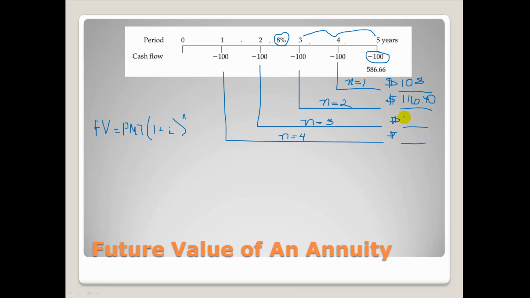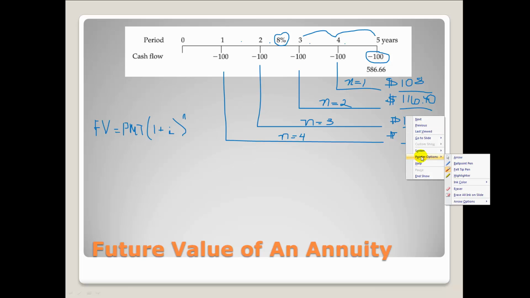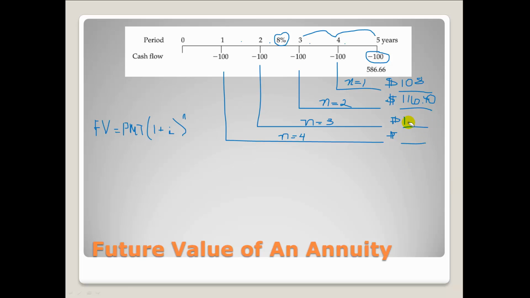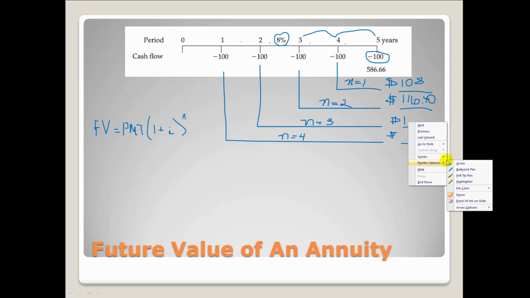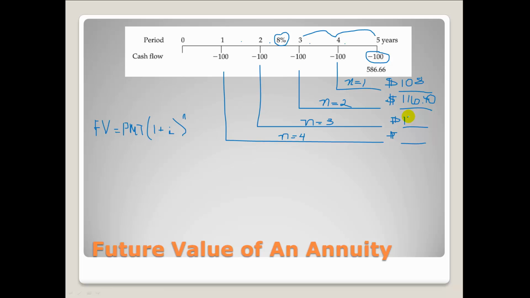That's going to give us 125.71. And then for the last one, we're going to take 1.08 raised to the 4 times that last $100 payment, at 136.04. If we round it, we're going to get .05.